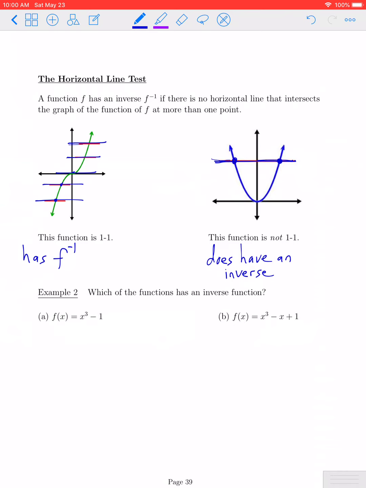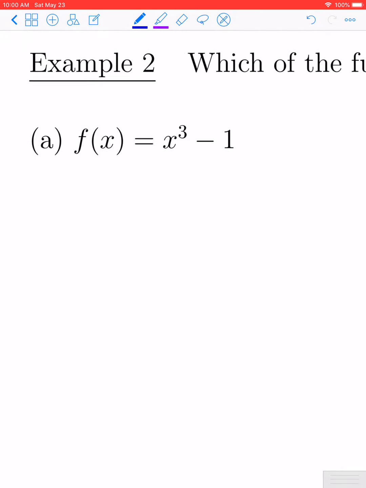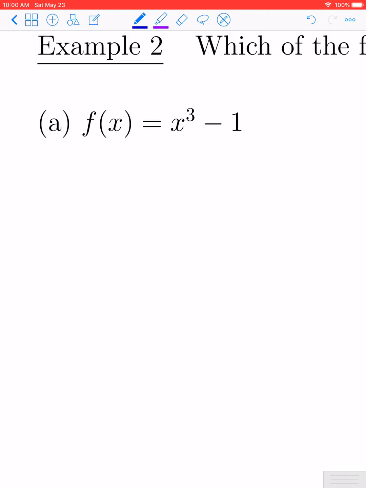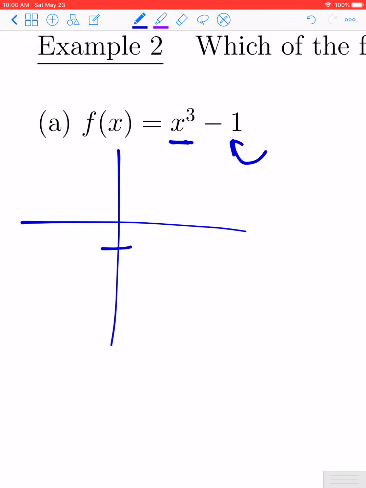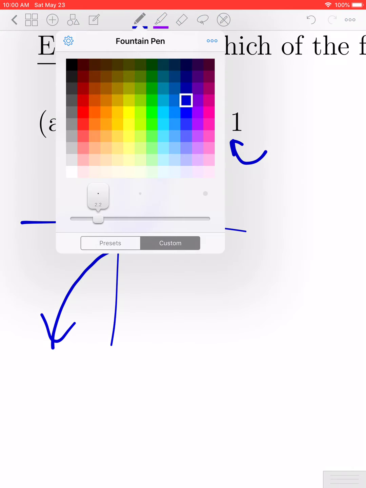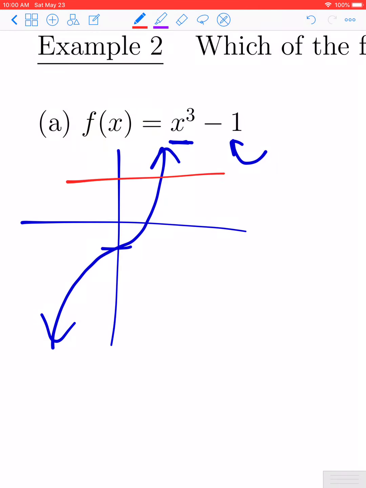In example 2, we're asked this very question, which function has an inverse? The first one is f of x equals x cubed minus 1. This is one that hopefully from things we've looked at already we can do in our head. We should all know the parent graph of x cubed, and this is simply a transformation, a shift down one. So without technology, you should be able to graph this. X cubed looks like this, and this is a graph that would pass the horizontal line test.